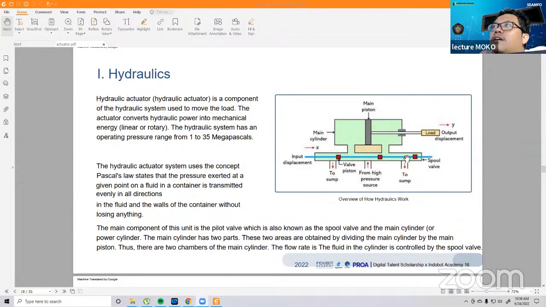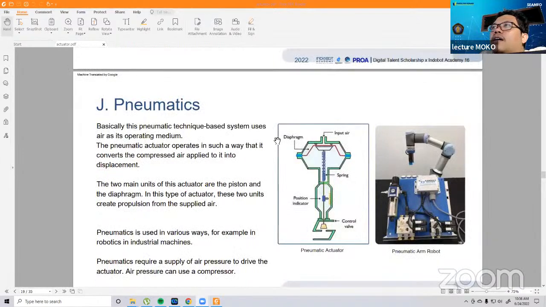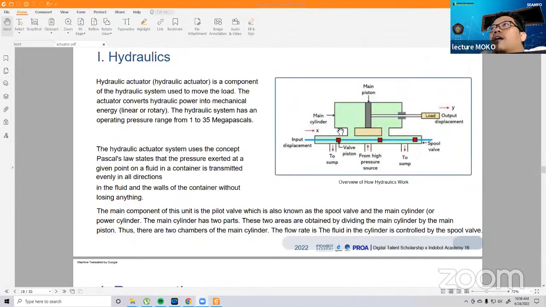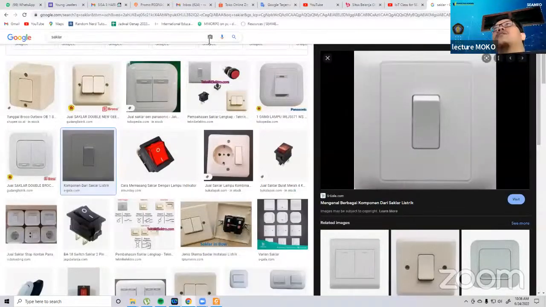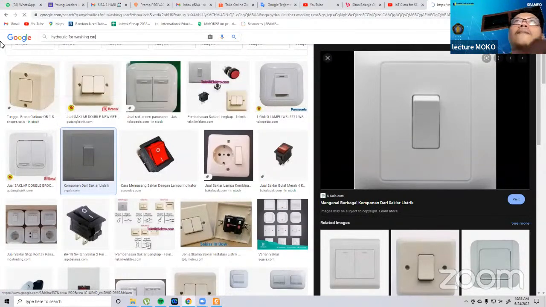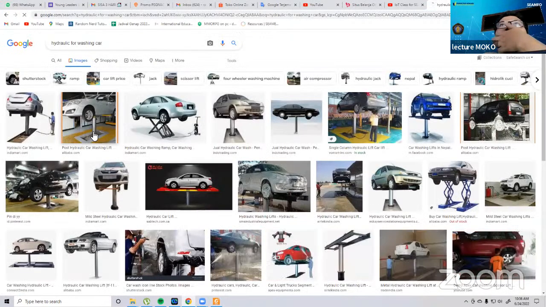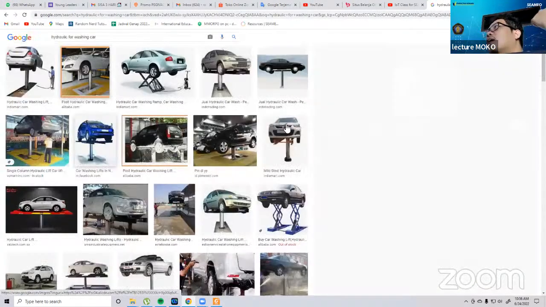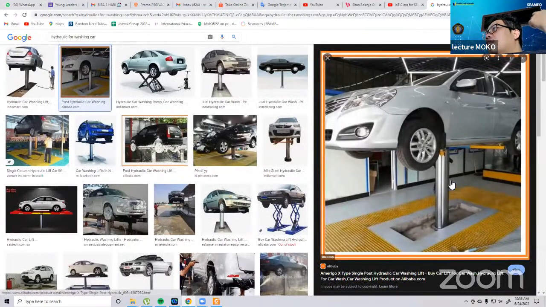We can see this type of machine. Let's say hydraulic is using liquid. For example, hydraulic for washing, or washing a car. It uses hydraulic power, high pressure liquid power.